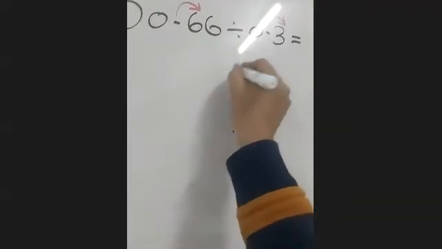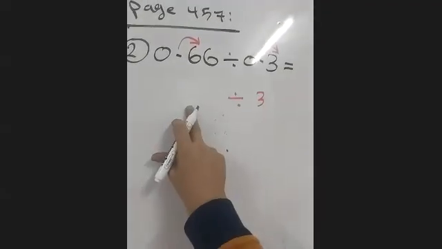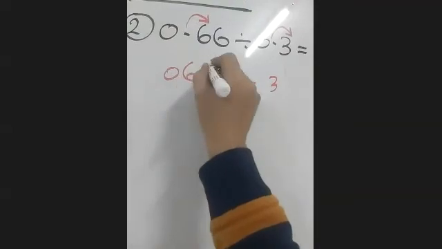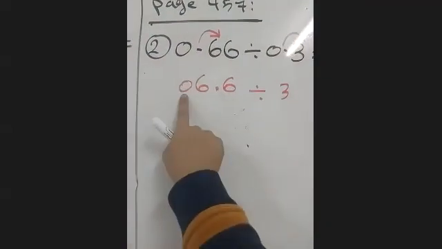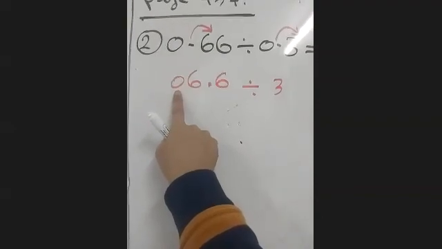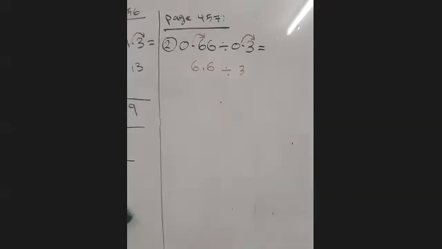The dividend, what will this number be? 0.6. Good. Do we need this 0? No, erase it. This is the first step before we divide.